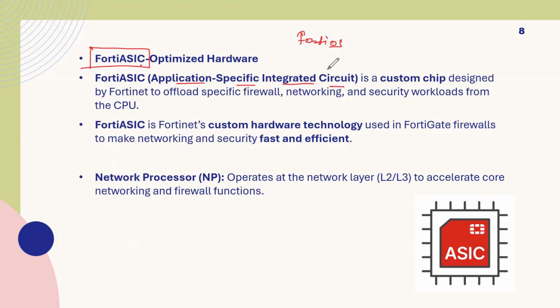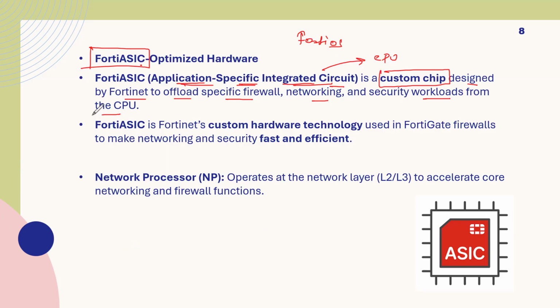It means that you are not going to depend upon a single CPU or single chip. It will have a combination of them. That's why it's called an Application Specific Integrated Circuit. It is a custom chip designed by Fortinet to offload the specific firewall, networking, and security workloads from the CPU.